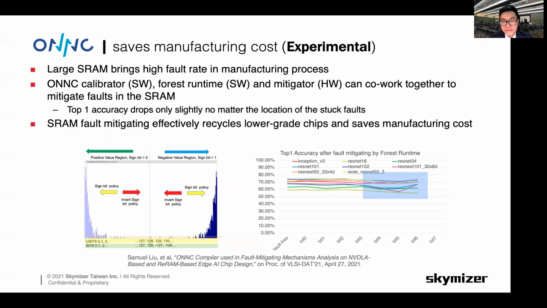In SRAM mass production, there is high quality SRAM, of course, but there is also some low quality SRAM, which means these SRAM chips have some faults, some failed dies. But with our SRAM fault mitigating technology, we can effectively recycle this low quality SRAM and still provide high quality model performance and model precision.